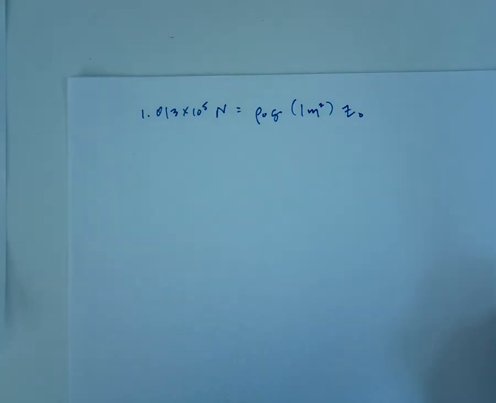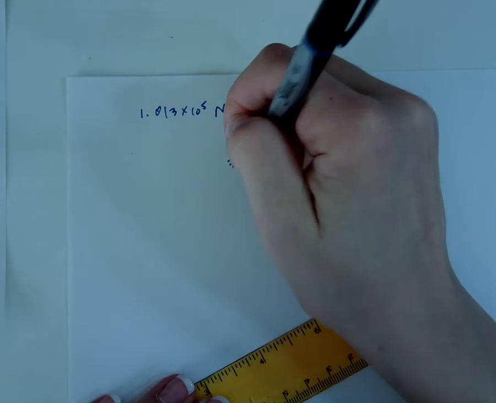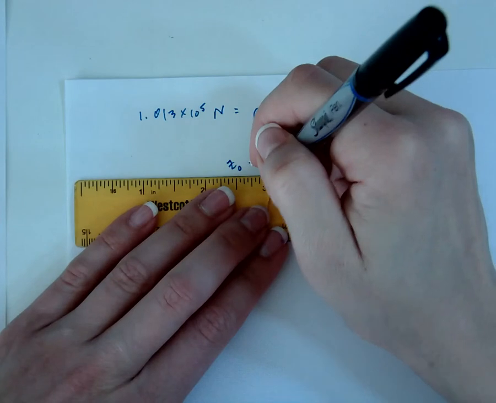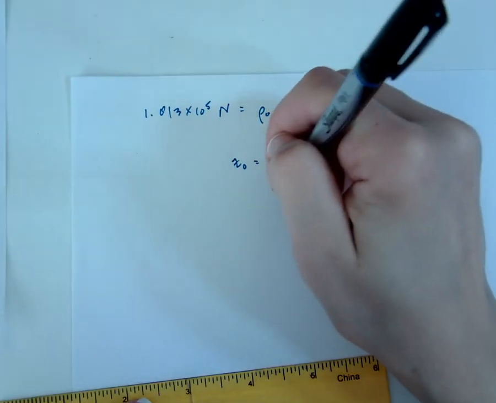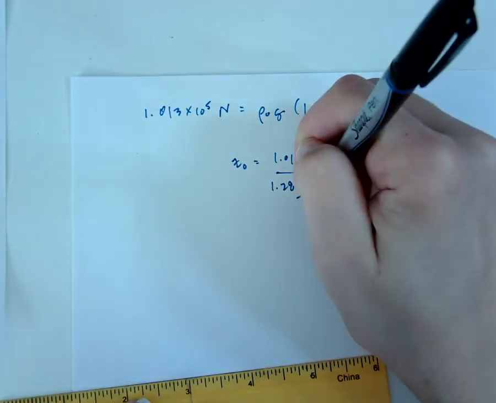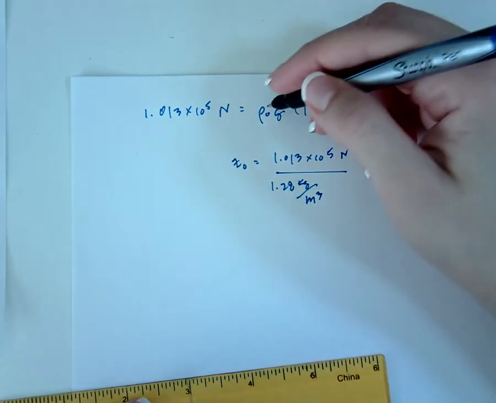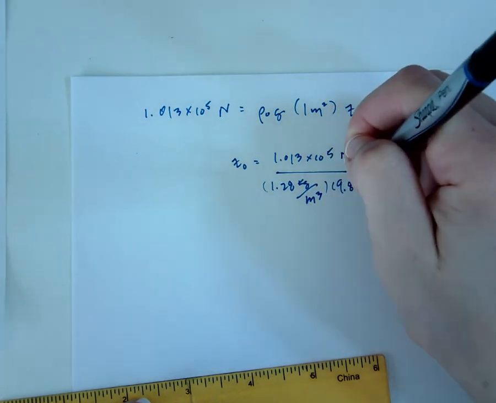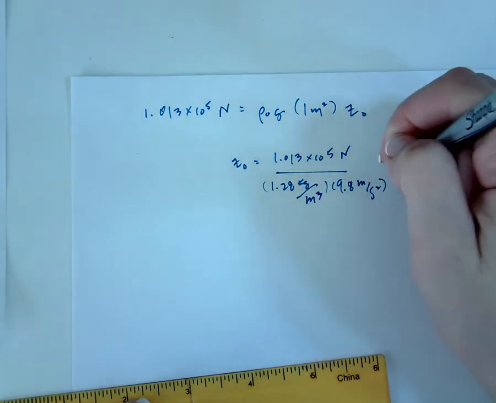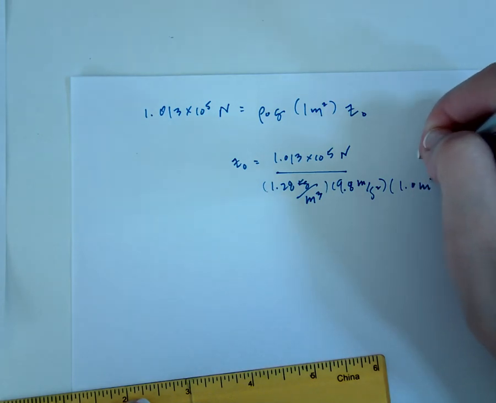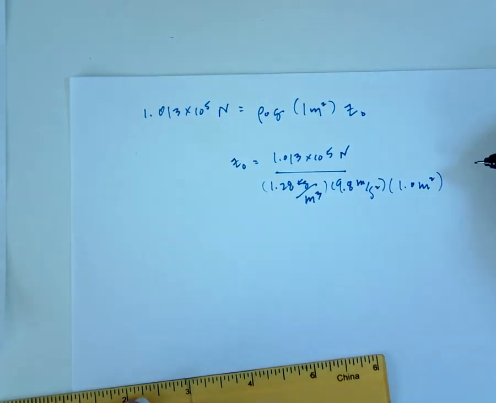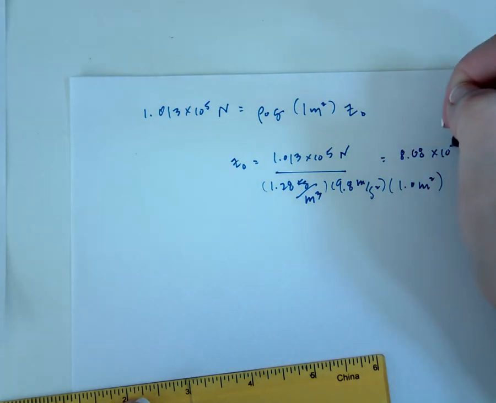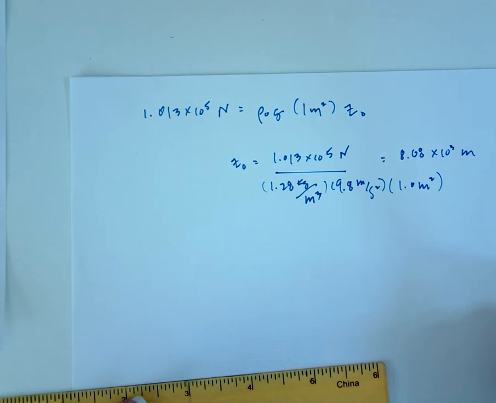Now solve for z naught. Z naught equals 1.013 times 10 to the 5th newtons divided by 1.28 kilograms per cubic meter, that's what rho naught is, the density at sea level, times 9.8 meters per second squared times 1 square meter. So our units work out, and we're going to end up with 8.08 times 10 to the 3 meters. That's our scale distance.